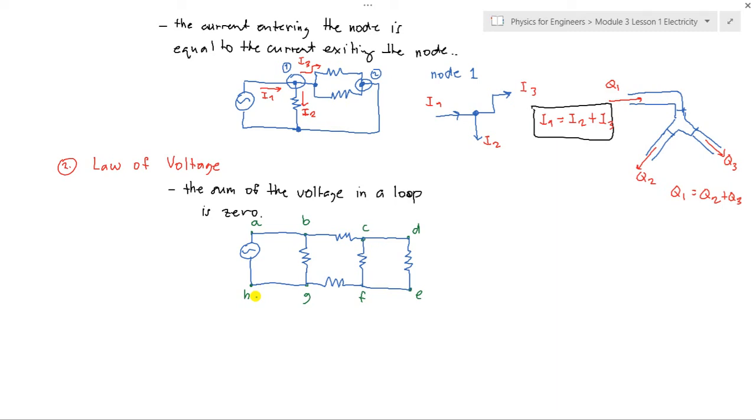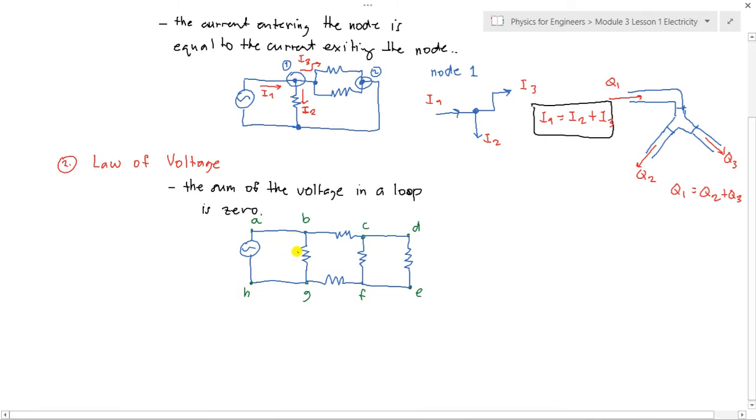So what loops can we produce out of this circuit? We have a lot of loops here. You can have loop 1, that is loop ABGH, so it is enclosed. You can have the second loop, BGFC. The third, CFED or DEFC.